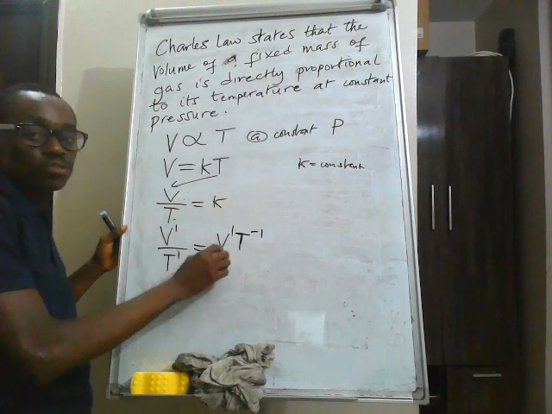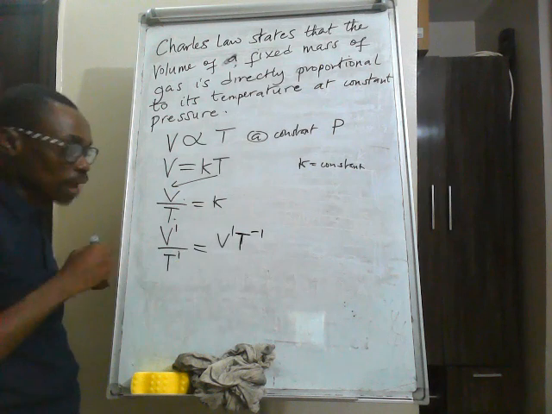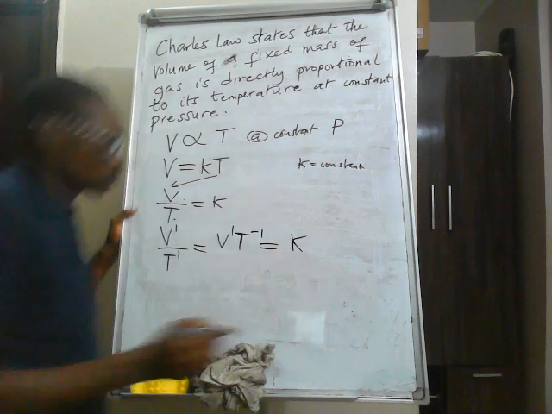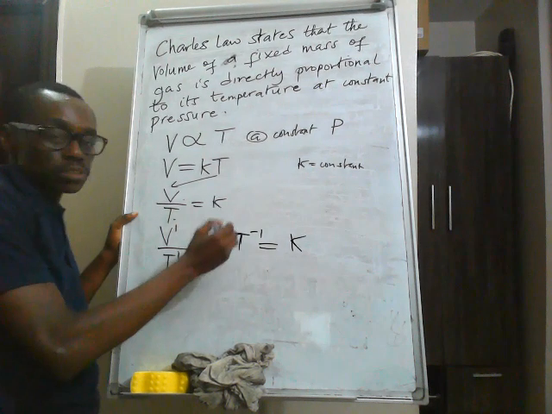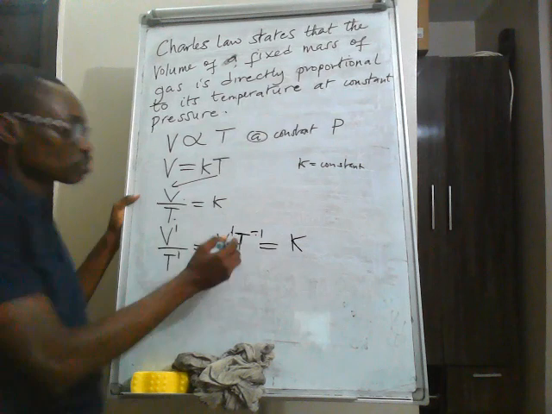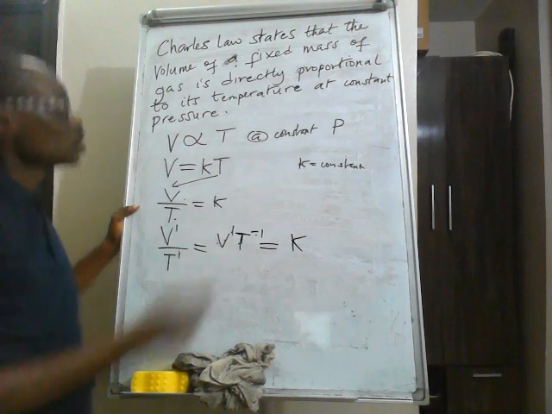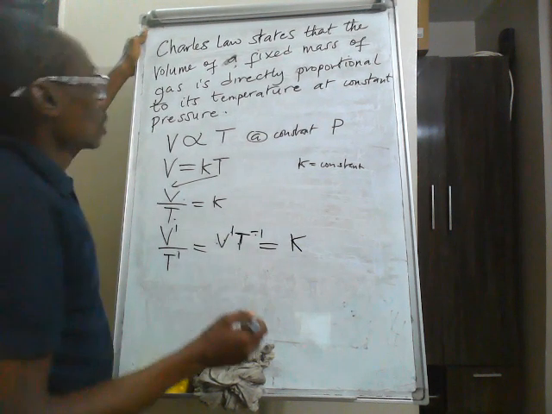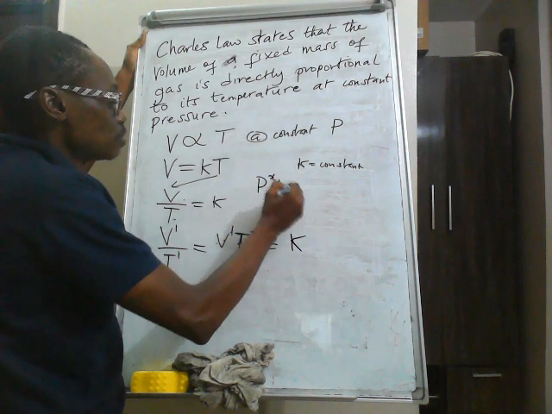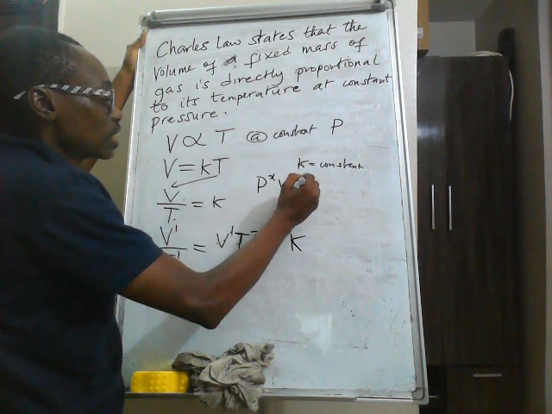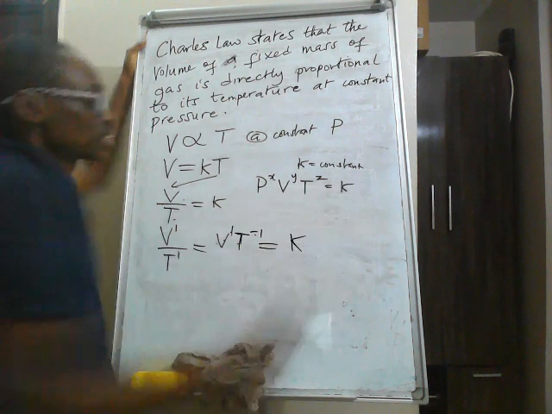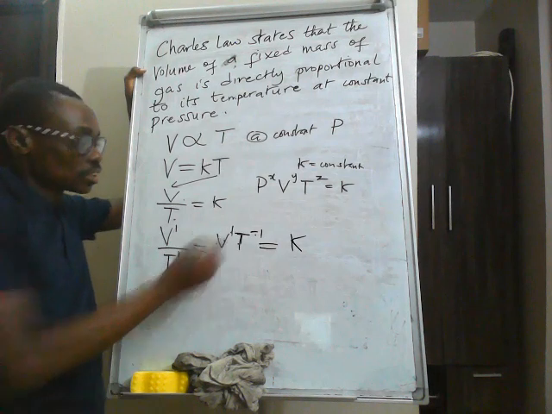So you have V raised to power 1, T raised to power minus 1 equals K. Just like before, the general gas equation is P raised to power X, V raised to power Y, and T raised to power Z equals K, a constant.